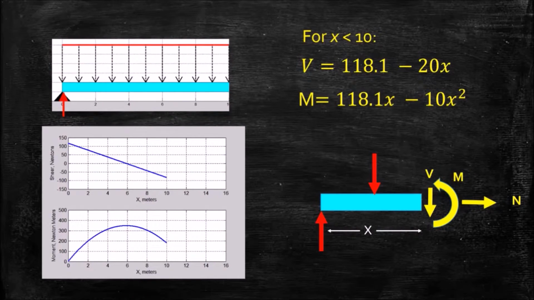Our assumptions about this beam is that there's a pin where the reaction forces are applied, where it's supported. So since it's a pin, there's no moment in that joint, so our moment starts at 0. There's a reaction force of 118.1, and so our shear starts at that 118.1 up here.